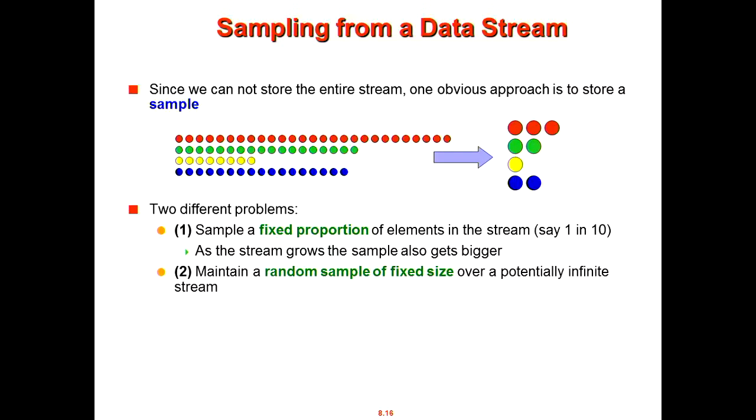Therefore, in order to deal with this size problem, we can use another approach: maintain a random sample of fixed size over a potentially infinite stream. The difference here is that in the first approach the proportion is fixed, while here the proportion is not fixed; the size is fixed. The sample size is always the same, such as 100 megabytes or 1 gigabyte.